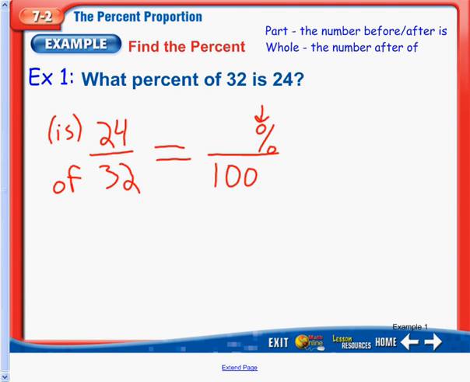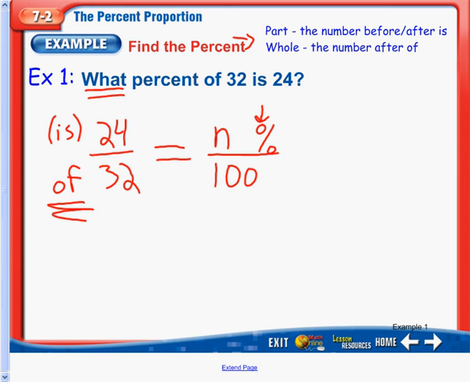However, seeing this top right here with our key, the part is the number before or after "is." In this case, there's a number before and after, so we have to rely on "of." "Of" is going to be our key because the number after "of" is always going to be our whole. Now we have one missing spot, and that is what we are looking for. It says "what," so we'll have n%.